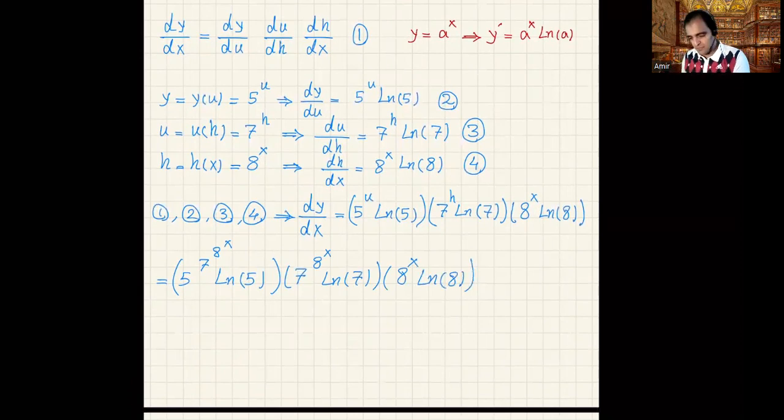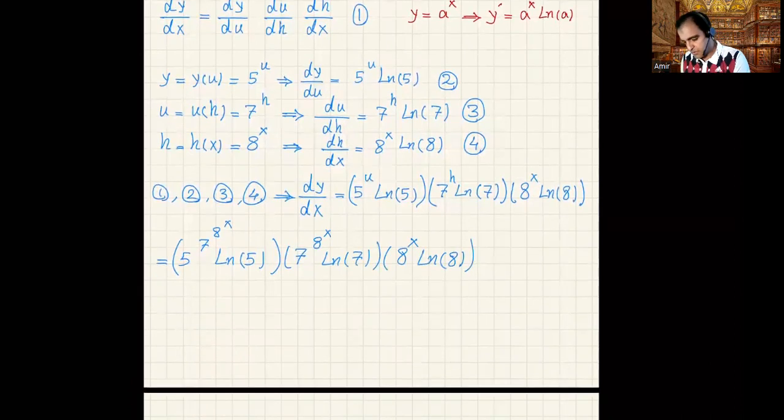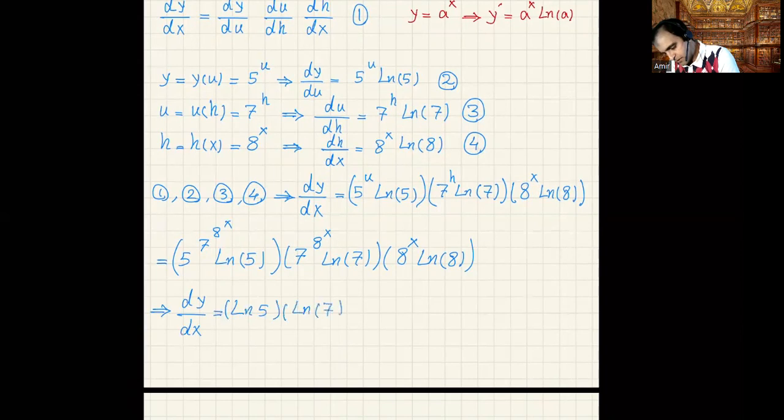So that's actually the solution and answer to the problem, but let me just reorder this one. So dy over dx is going to be ln of 5 times ln of 7 times ln of 8, and then 8 to the power of x, 7 to the power of 8 to the power of x, and then 5 to the power of 7 to the power of 8 to the power of x.